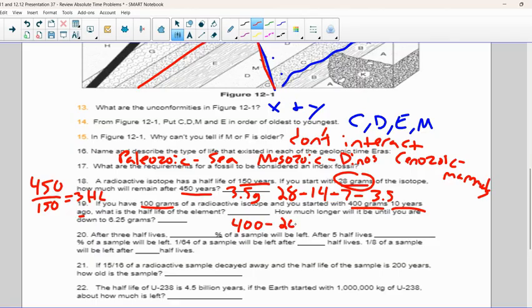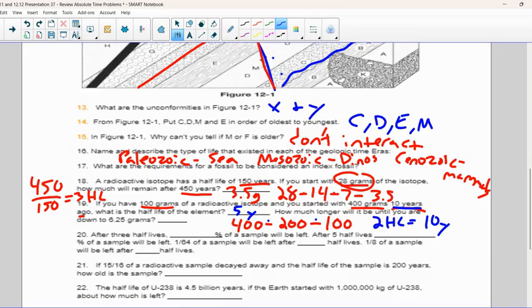After 1 half-life, it would have 200, and then after another half-life, it would have 100. So I know it went through 2 half-lives, and those 2 half-lives are equal to 10 years. And so each half-life is going to be 5 years. So every 5 years, you cut it in half.